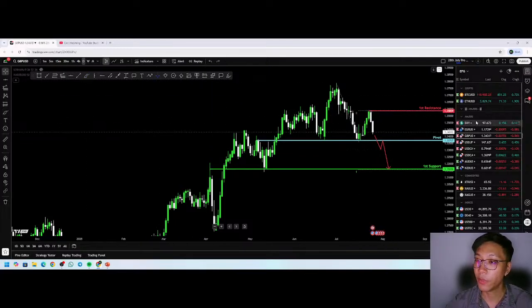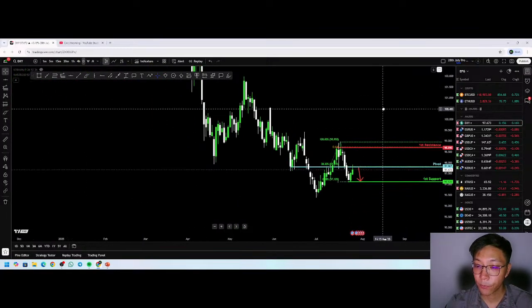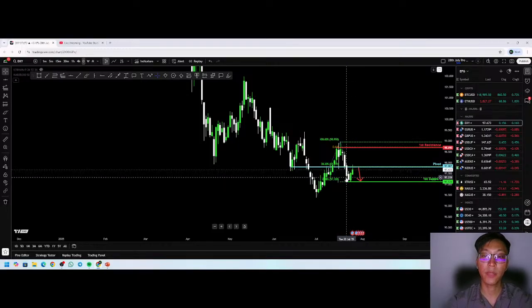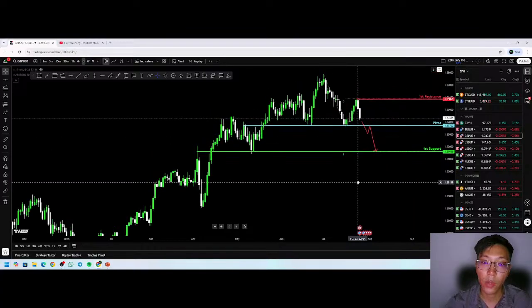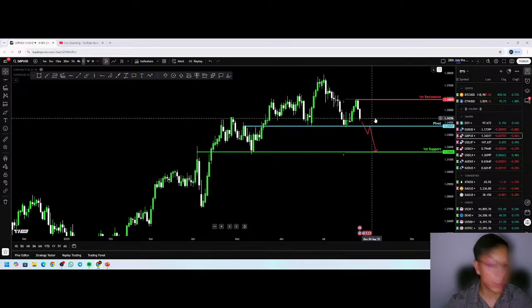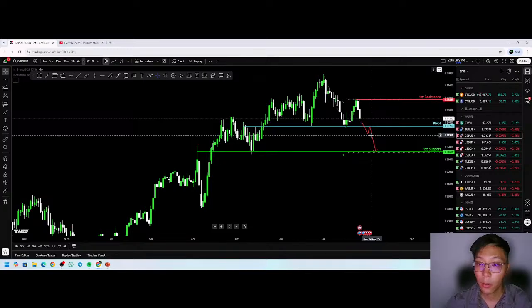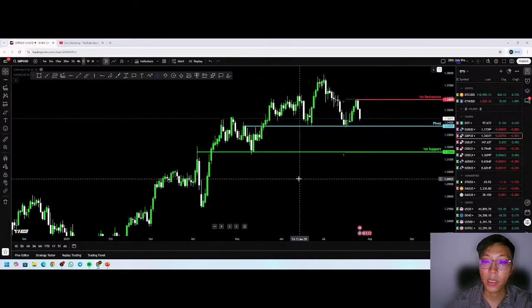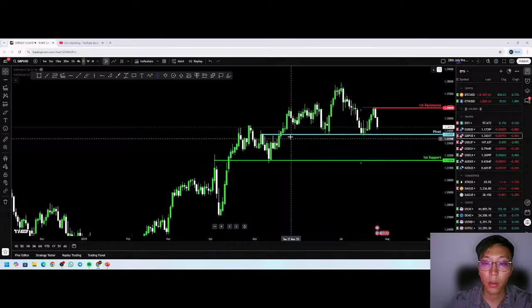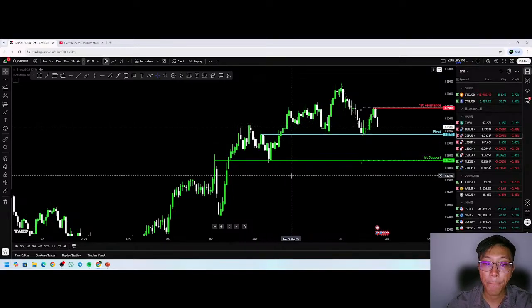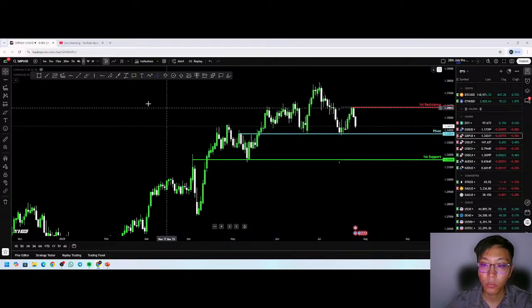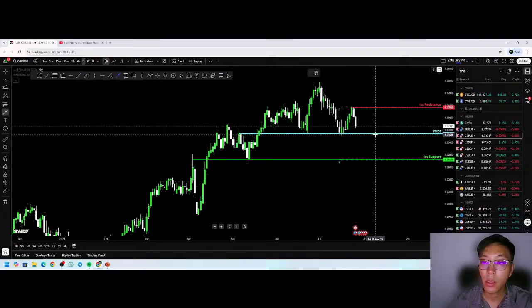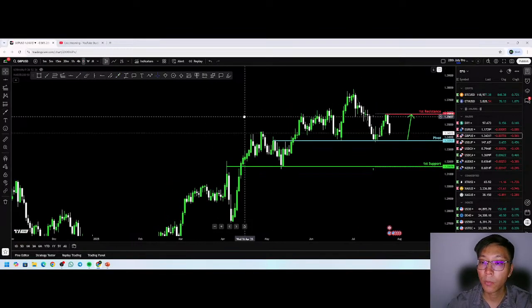But if DXY rejects this pivot point, then there might be a possibility for price to bounce off this pivot point. So this is what we could look at. Let me see. Okay, this is a bullish arrow.